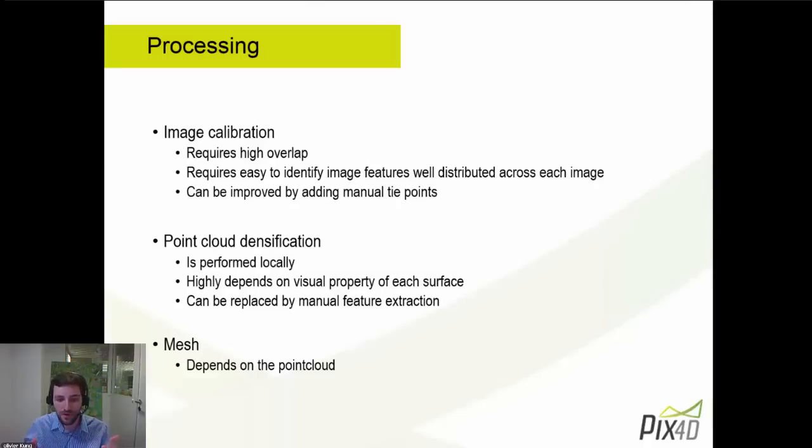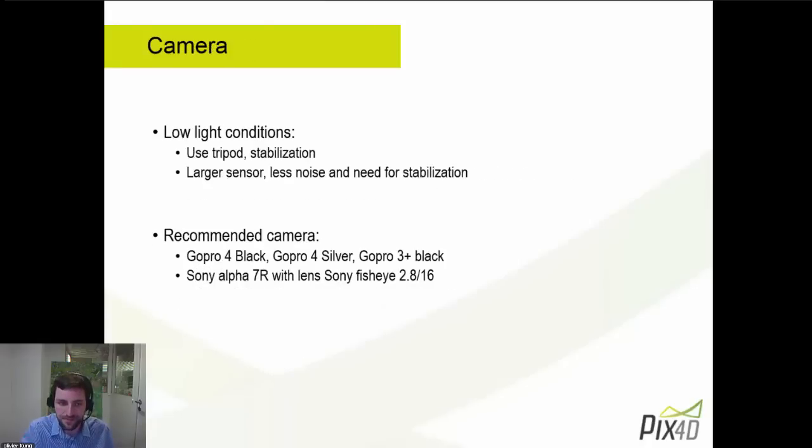And this mesh, however, depends on the quality of the point cloud. So for indoor mapping, depending on what type of surfaces you're trying to map, you will get extremely good results, or you may also get lower quality results, but it is good to know in advance what to expect from which type of surfaces.